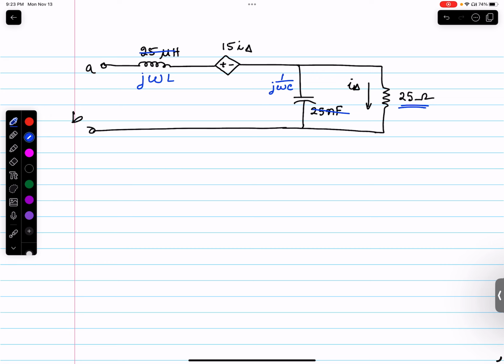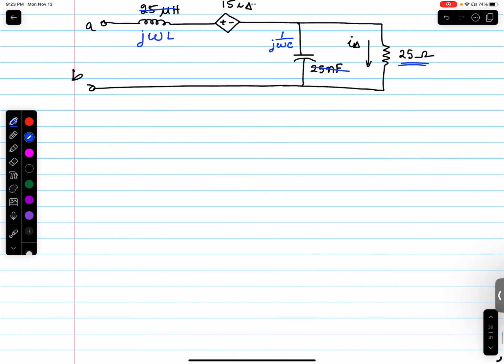Now J omega L, which is also annotated as ZL, is J times omega, which is given to be 1.6 times 10 to the 6 radians per second. L is given to be 25 microhenry.